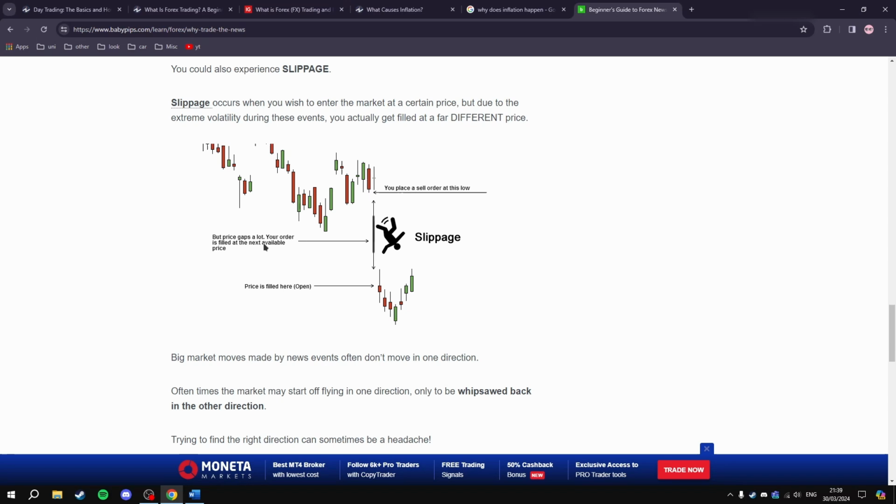But price gaps a lot. Your order is filled at the next available price. You place a sell order at this low. Slippage. Price is filled here when it's opened.